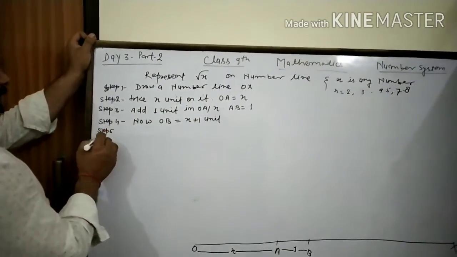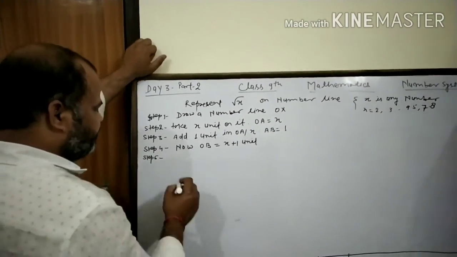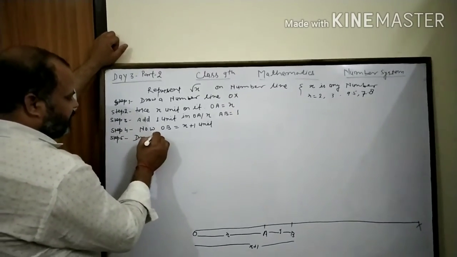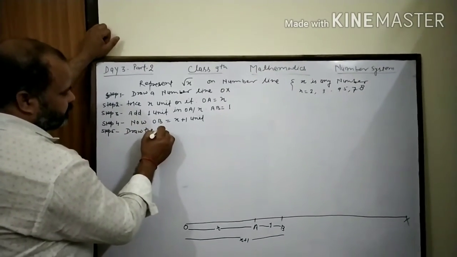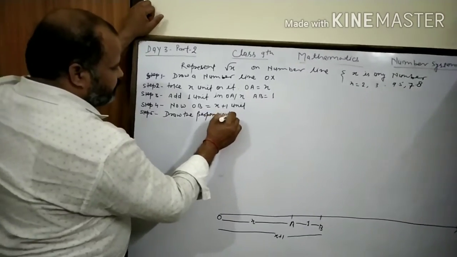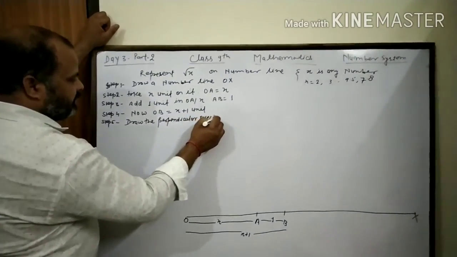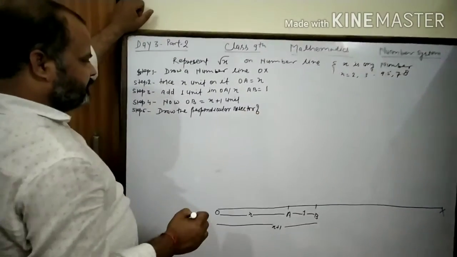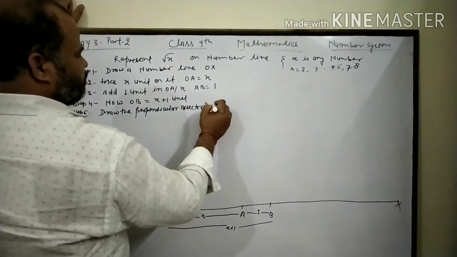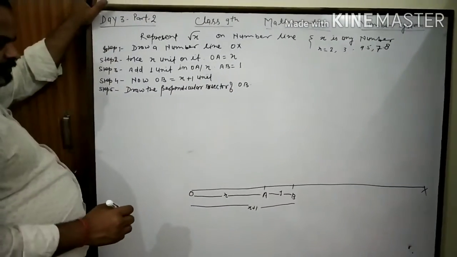Then step 5. Draw the perpendicular bisector of OB. Clear?